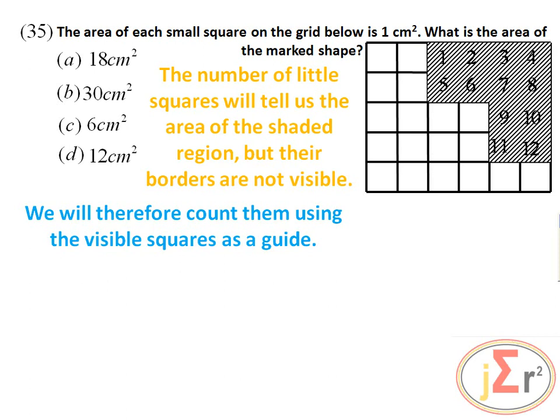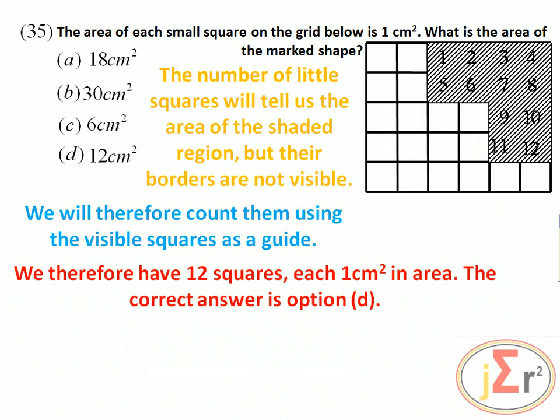And remember that we use the visible squares as a guide. So no one can say that we did that randomly or without any guide. So we arrived at our answer fair and square.